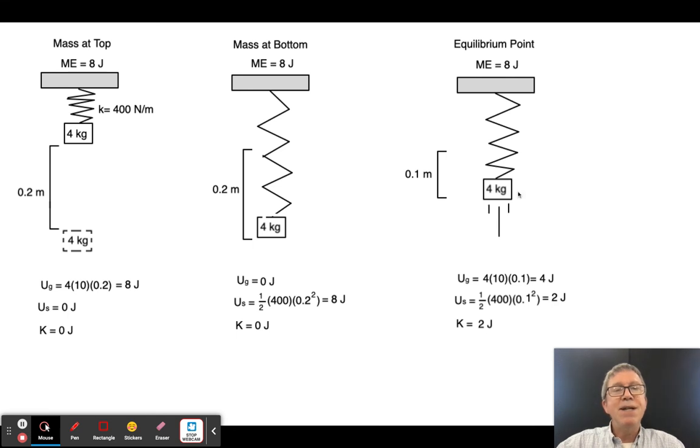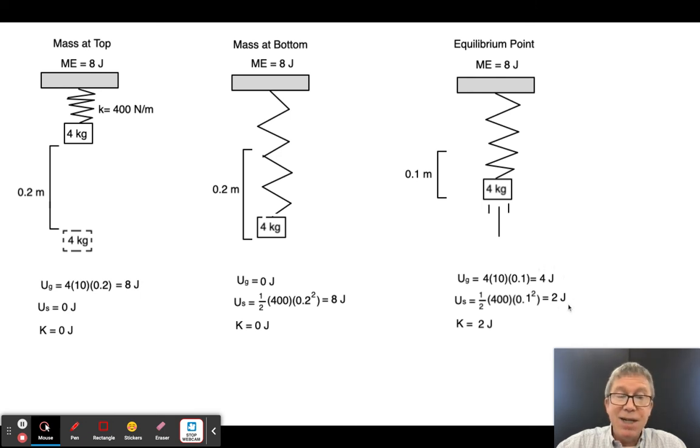But now when I get to the midpoint here, I have some gravitational potential energy. I have 4 times 10 times 0.1, which is 4 joules. And I have 1/2 of 400, that's my k value, times 0.1 squared, that's 2 joules. So the total number of joules I have here is 8 joules.